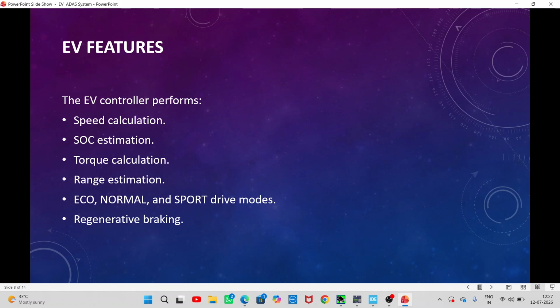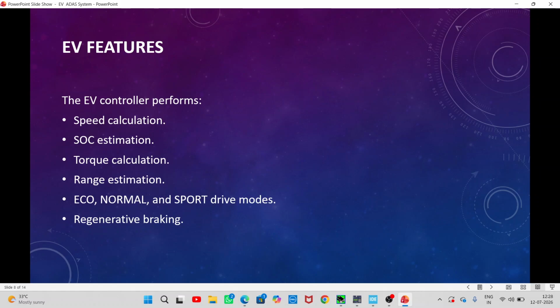In normal mode, the torque increases slightly and the battery drain is slightly decreased. In sport mode, the acceleration and torque increase rapidly, and battery consumption is higher. These are the 3 modes used in our project.